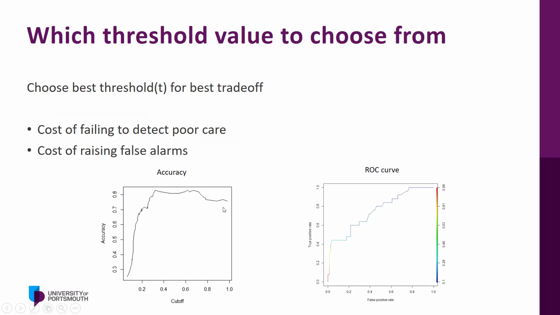In this accuracy curve, you can see that if you increase the threshold after a certain value, you would not gain much accuracy. So if you increase the threshold above 30%, then you see that your accuracy doesn't improve that much.